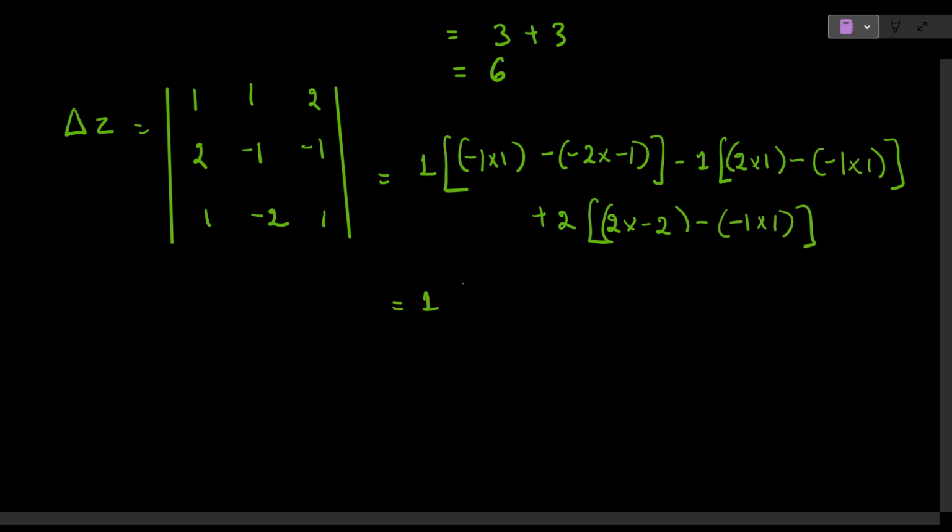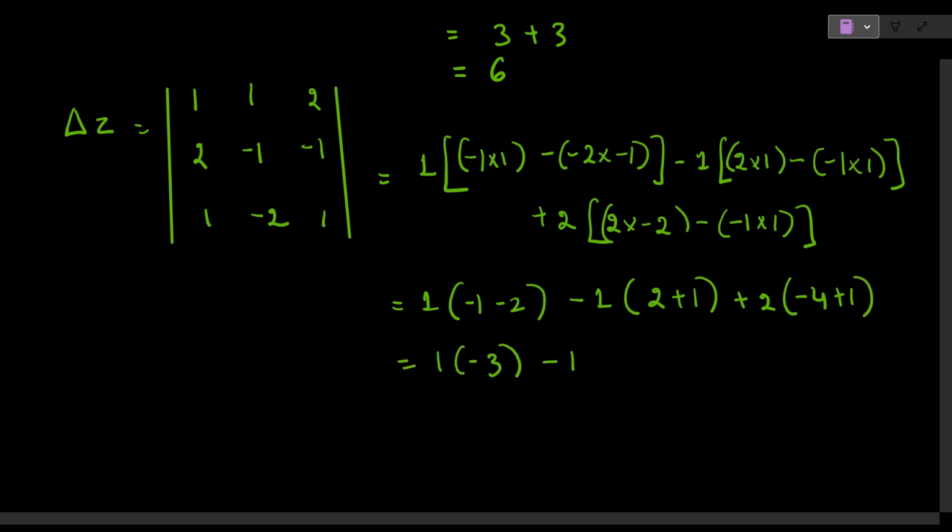Now 1 into minus 1 minus 2 minus 1 into 2 plus 1 plus 2 into minus 4 plus 1. Okay. This gives 1 into minus 3 minus 1 into 3 plus 2 into minus 3. Okay. Minus 3 minus 3 minus 6. So this gives minus 12. Did you understand, students? Okay.